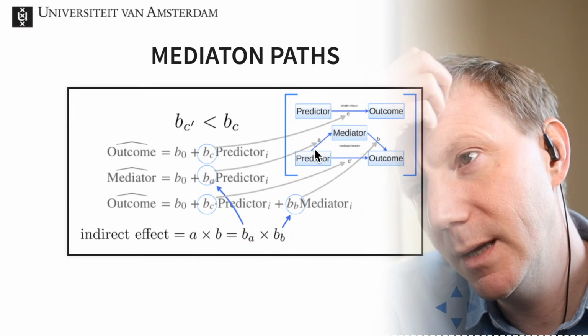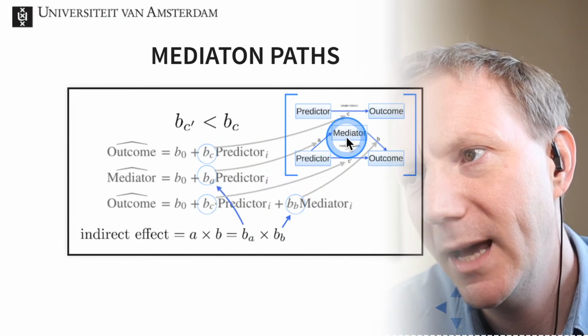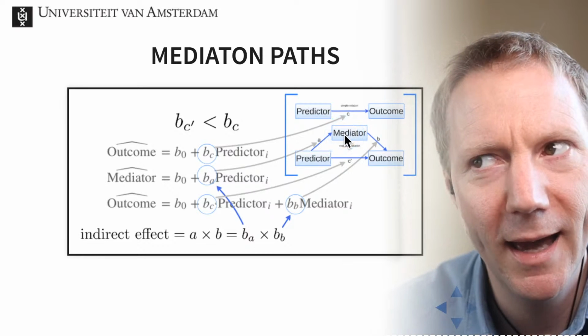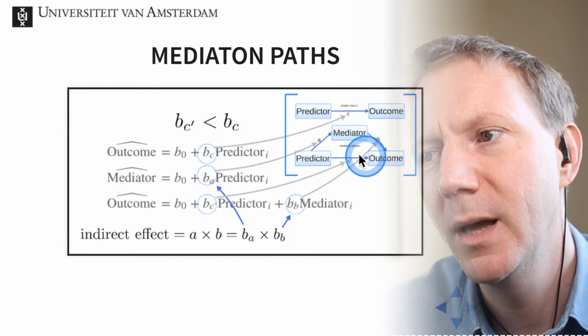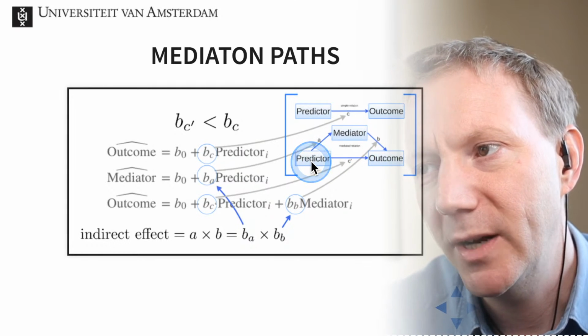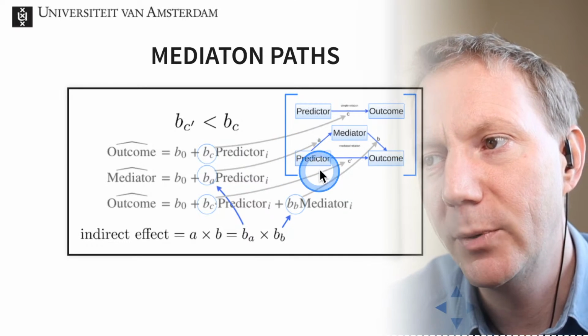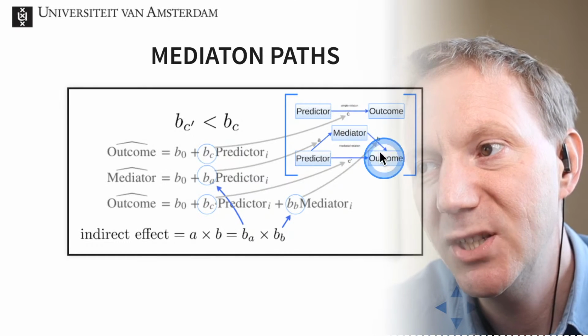So if there's something going on here, and we have both the predictor and the mediator play a part in explaining the outcome, not taking the predictor into consideration when doing your model, then all the effect of the predictor will show in the relation that you find here.